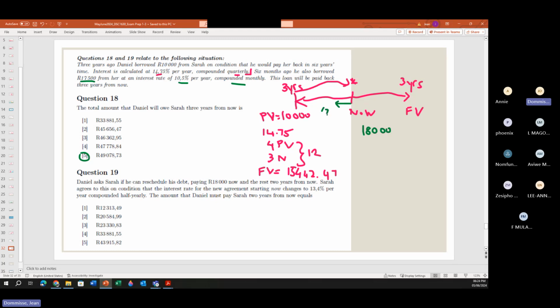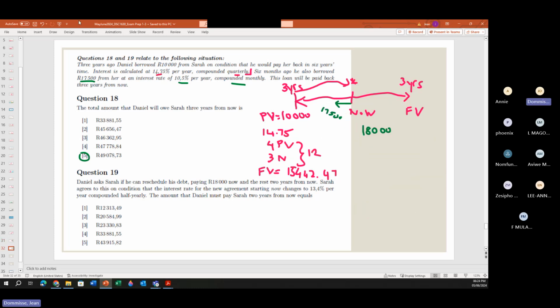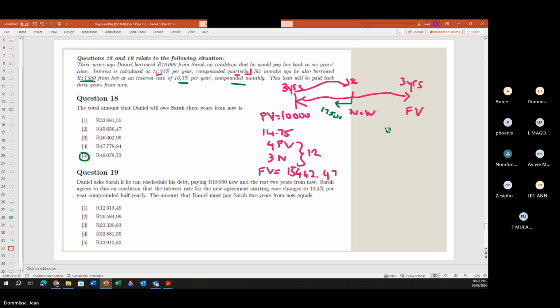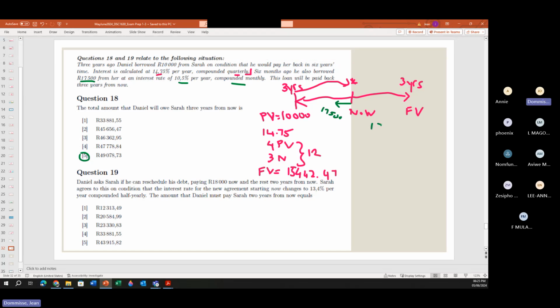Remember, we worked it out in the previous question for 3.5 years, so now we only want to work it out until now. So the now is again 17,500 present value at the 10.5 interest.